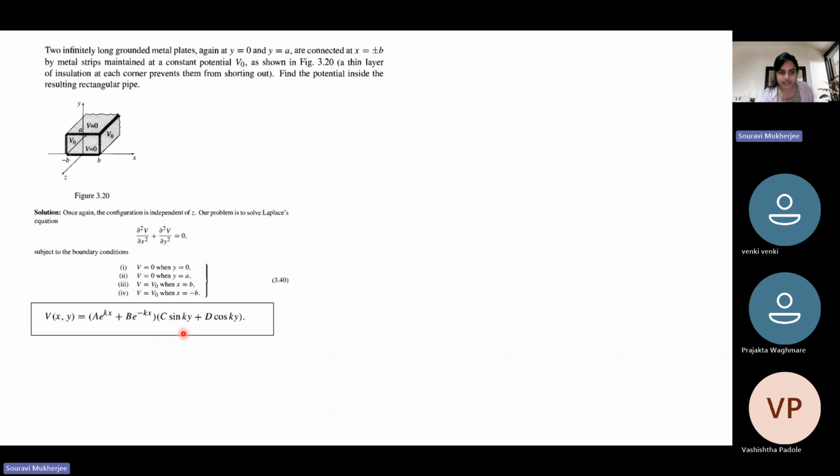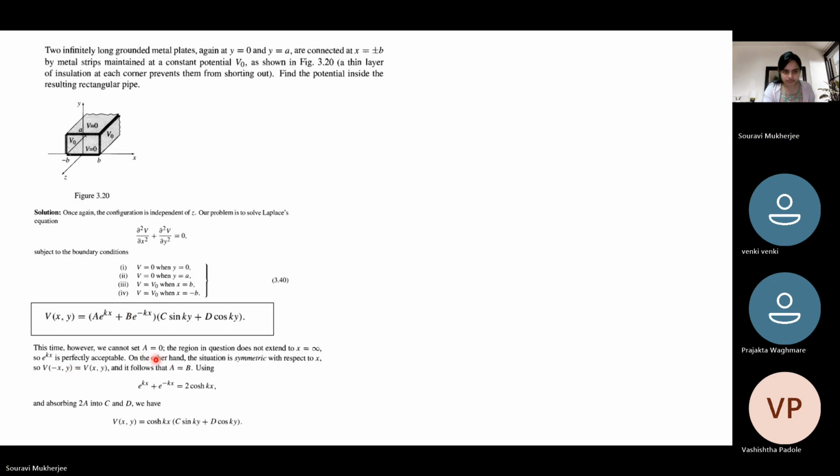We can start with the general form of V and then keep applying the boundary conditions. Again, the potential is symmetric about x, so this function should be symmetric about x, right? That already tells you that A and B should be equal, right?